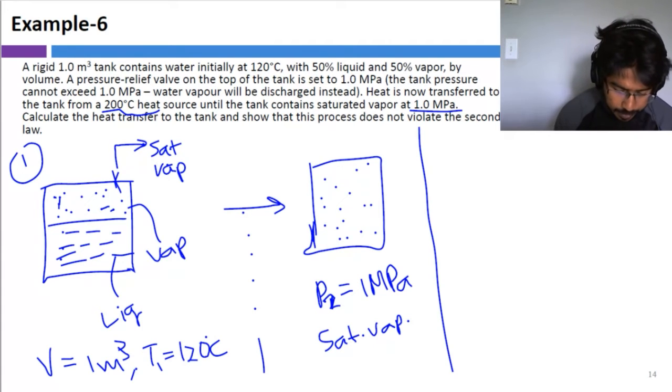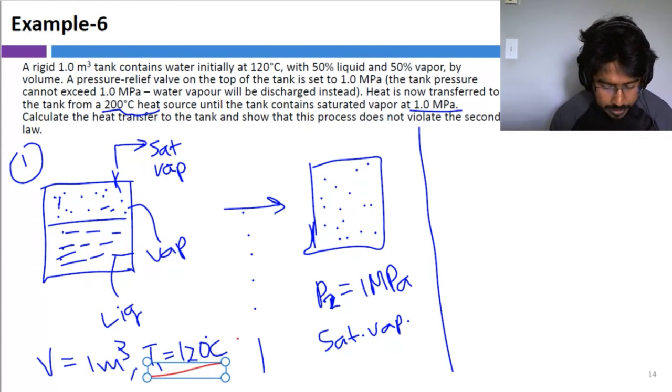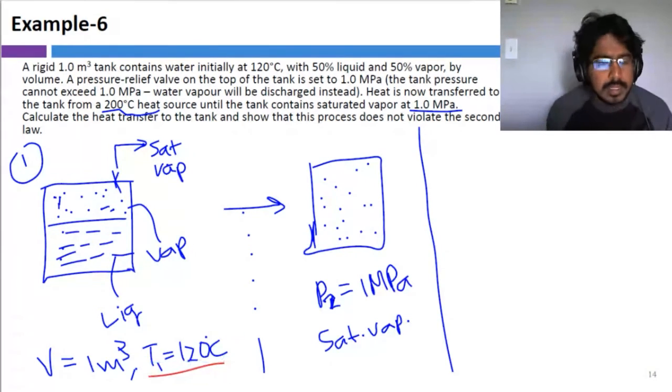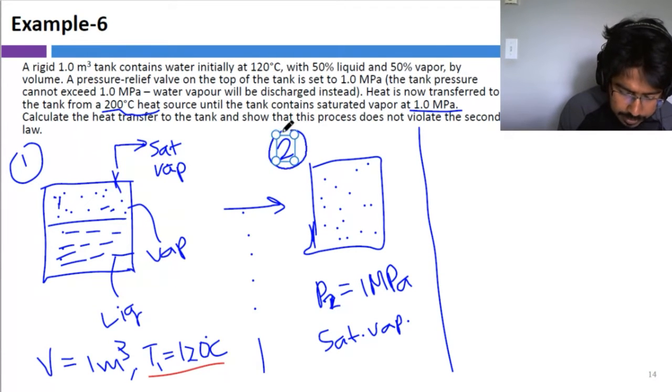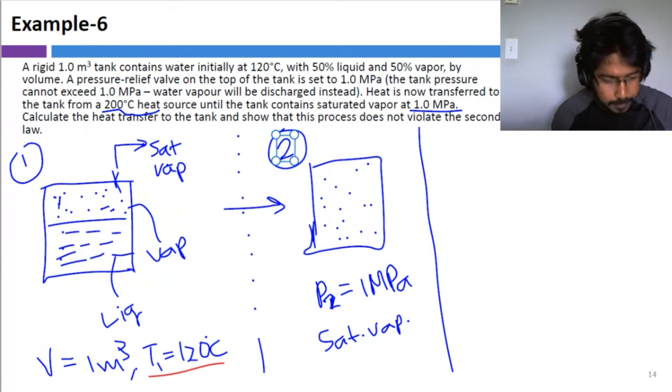Okay, so the temperature is given, and what can we say about the phase of this water at state 1?